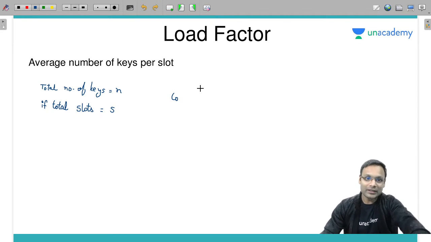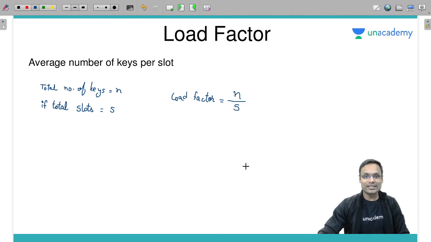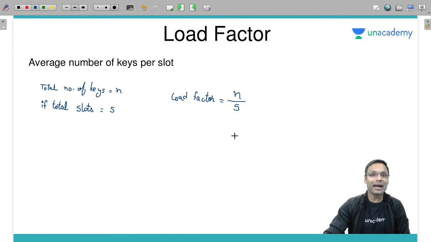What is the load factor at each particular slot? हर एक slot पे on an average कितनी keys distributed हैं? So load factor is equal to total number of keys divided by total number of slots. Load factor is equal to n divided by s.